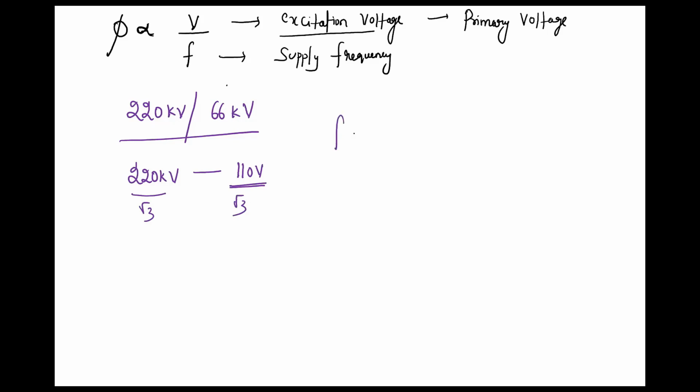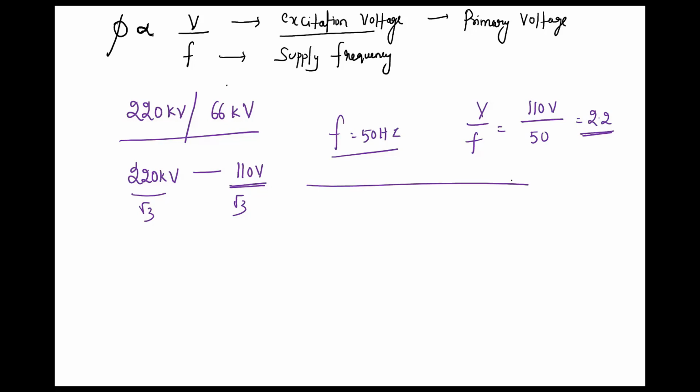If your frequency is say 50 hertz, then what will your V by F ratio become? Of a PT, 110 volt divided by 50 hertz, 2.2, constant. So if the voltage by frequency ratio of my PT secondary is 2.2, my system is healthy. This is the 220 kV line, the primary.